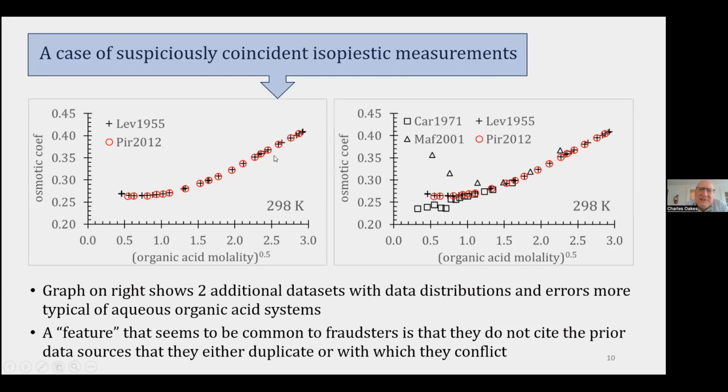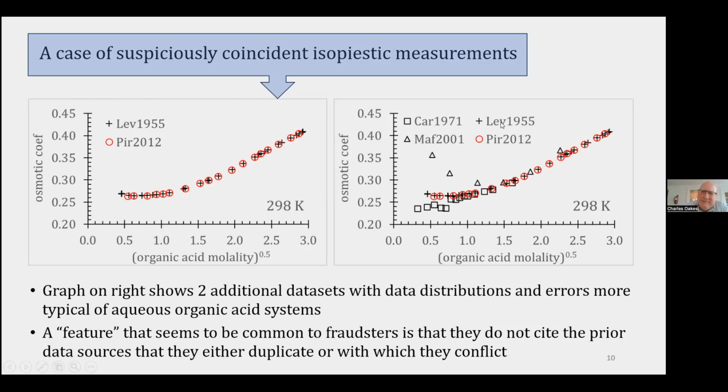But the more recent study, which is these red circles, strangely overlaps almost identically with the older study. The newer study has about 20 results, the older one has about 26. The newer one overlies nearly identically with 20 of the 26 original data measurements.